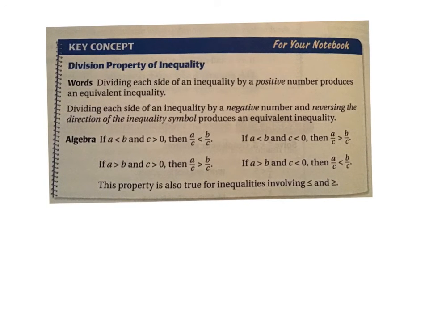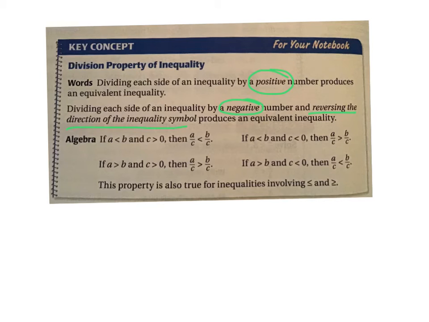If you haven't written it, pause me now and write it in your journals. Division property is very much the same as we went over the multiplication property. Whatever you do to one side, you have to do the other. As long as you're dealing with a positive number, the sign does not change. If I am moving and I move a negative number, then you're going to reverse the direction of the inequality symbol. You flip the sign.